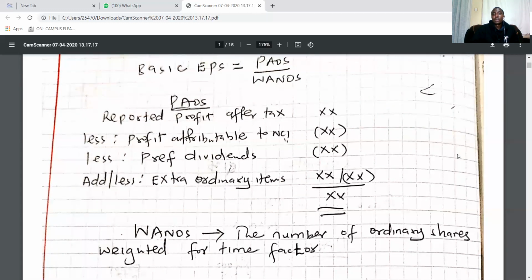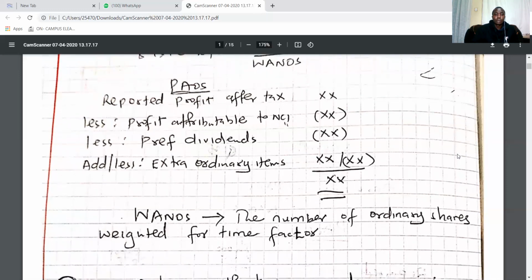Non-controlling interest, these are minority shareholders in an entity. Then you deduct the preference dividends. And those are mostly the three items you will find in any question: the reported profit after tax, profit attributable to the non-controlling interest, and the preference dividends.